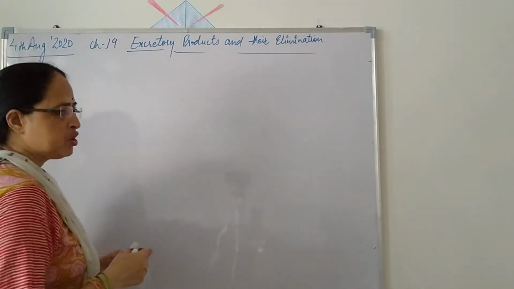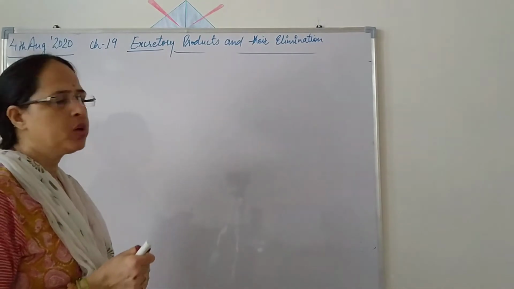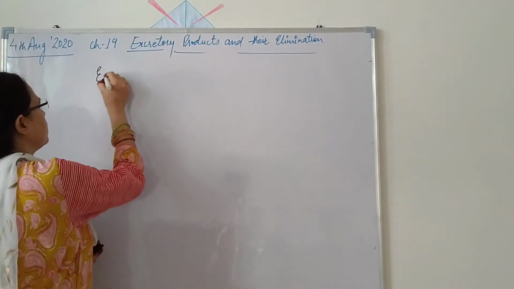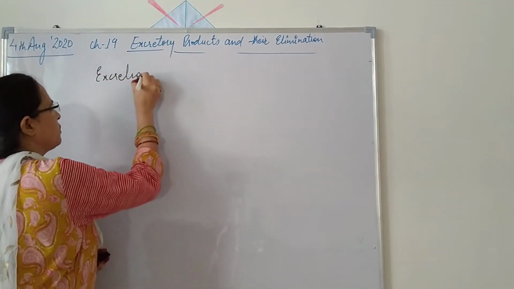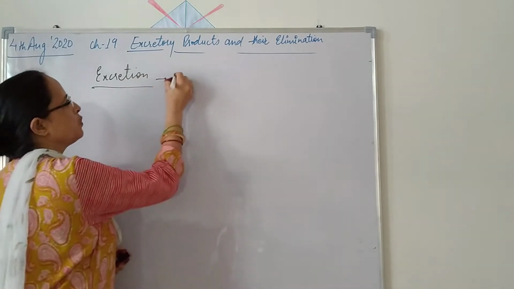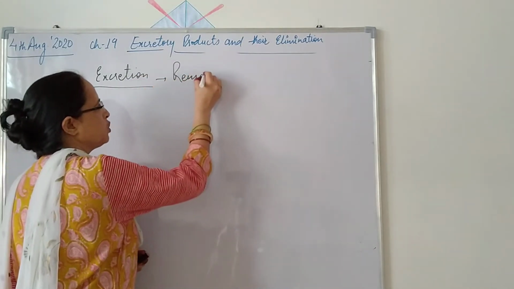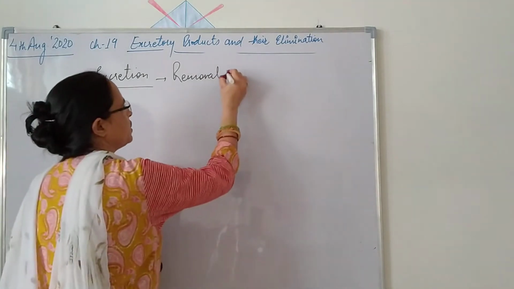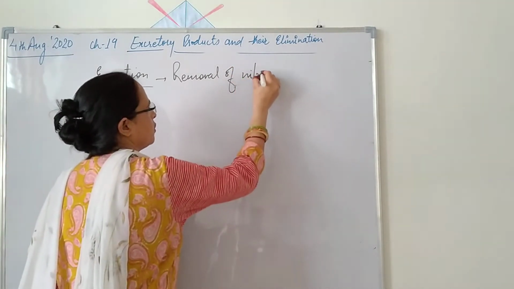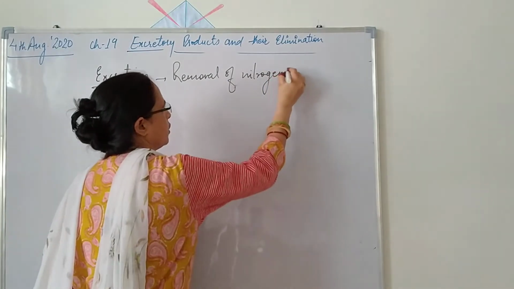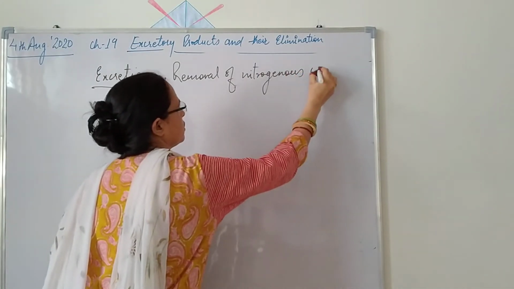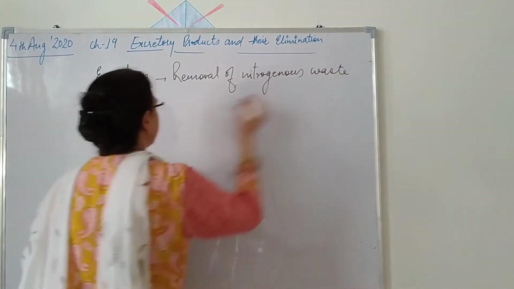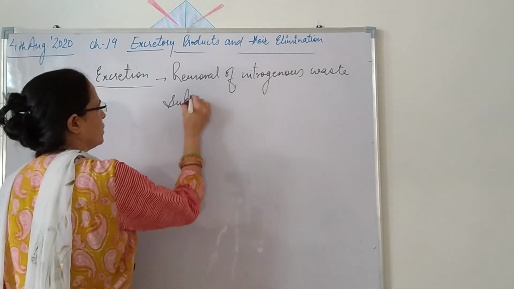Now we understood that excretion is the process of removal of nitrogenous waste compounds which are formed inside the body. So we say removal of nitrogenous waste substances.